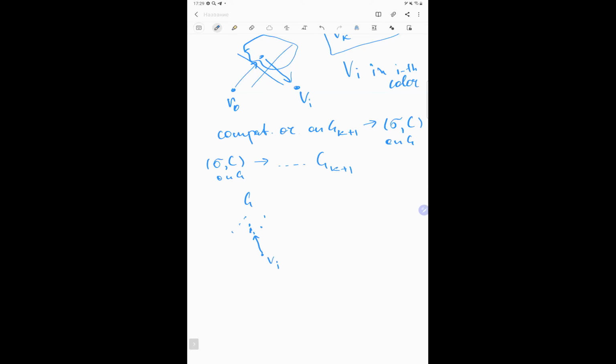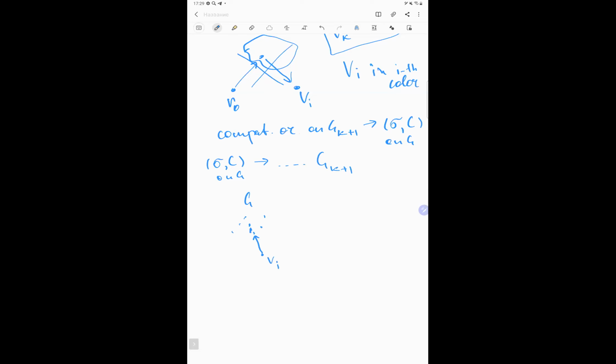Значит, у нас в i-й цвет оказываются покрашенными те вершины, в которые входят стрелки из вершины i. То есть вершина i отвечает за раскраску в i-й цвет.